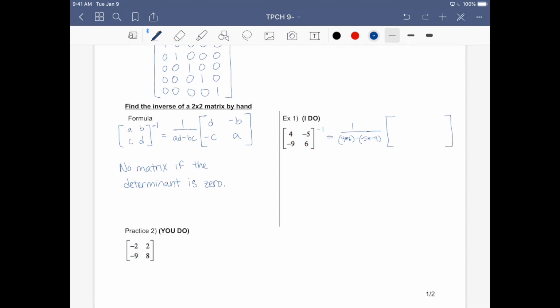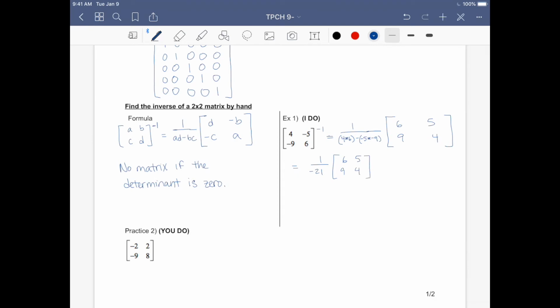I'm going to switch 4 and 6, and I'm going to change the signs on 5 and 9. Well, actually, it was negative 5, so I must turn it into positive 5. It was negative 9, now I must turn it to positive 9. So when I simplify that, I get 1 over negative 21 times this matrix.